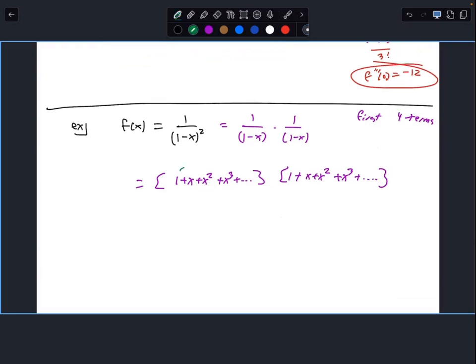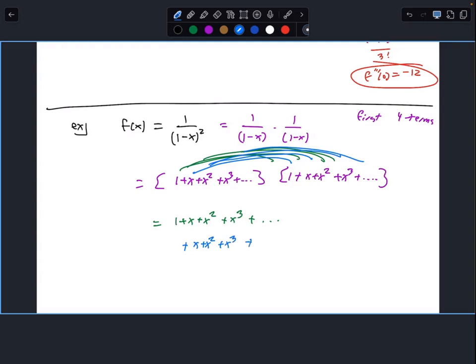I'm going to multiply the 1 out first from over here, which would give me 1 plus x squared plus x cubed plus dot, dot, dot. And then I will multiply out the x to all the terms, which is going to give me plus x squared plus x cubed plus x to the 4th plus dot, dot, dot.